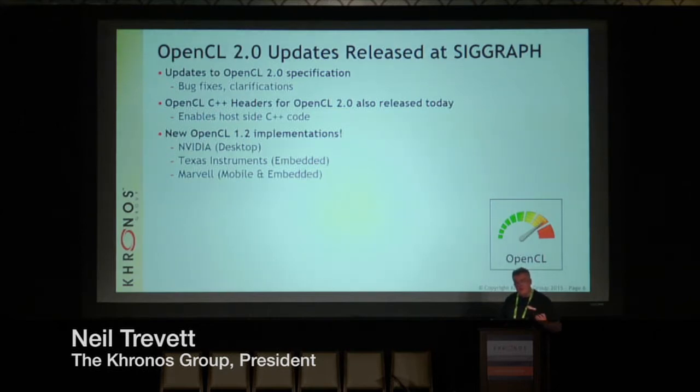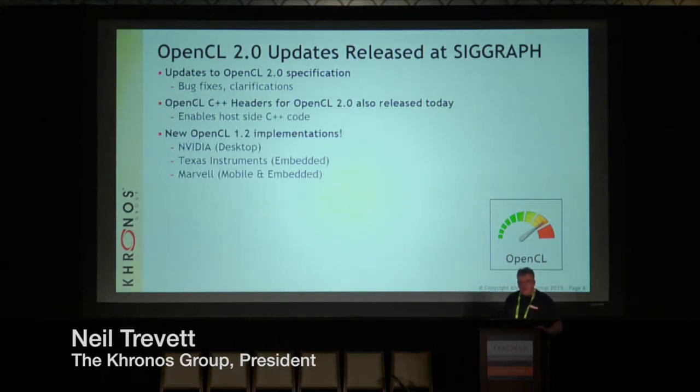So we definitely appreciate the feedback that we're getting. We do listen, and we do fold them into spec updates to improve the specs over time. Also, Lee has been working on C++ headers for the host-side code on OpenCL 2.0, and they were also released here at SIGGRAPH. Not quite today, but it was Monday.